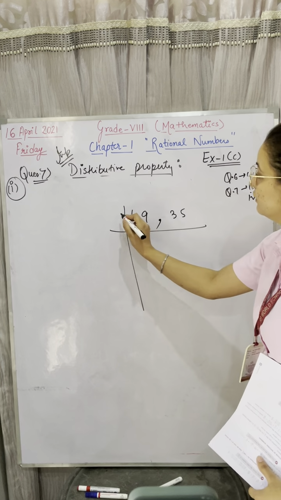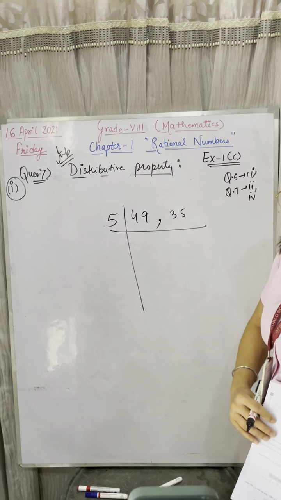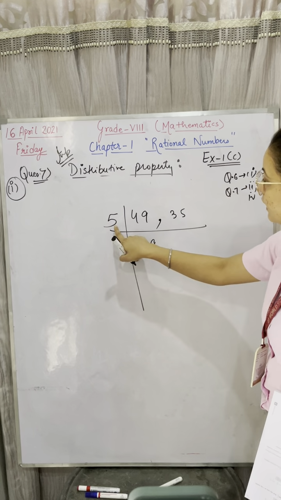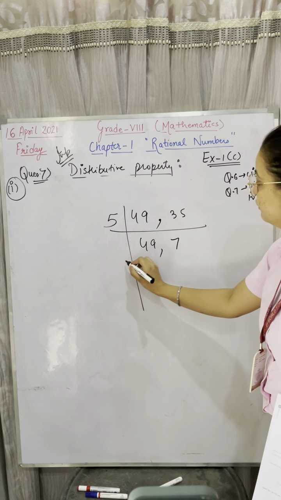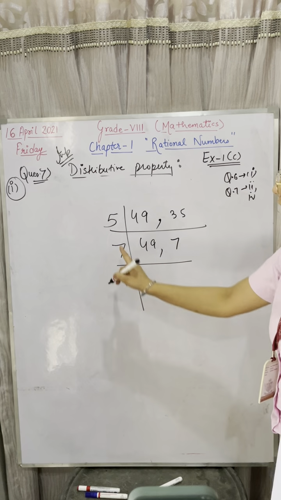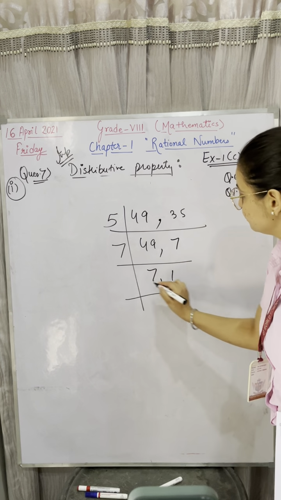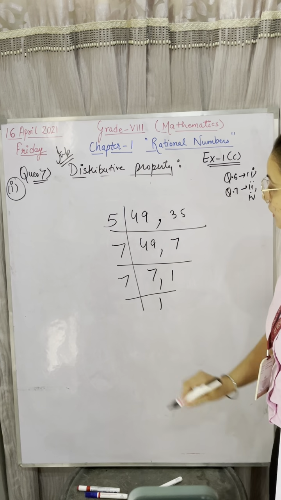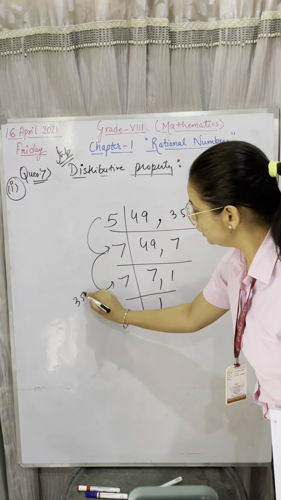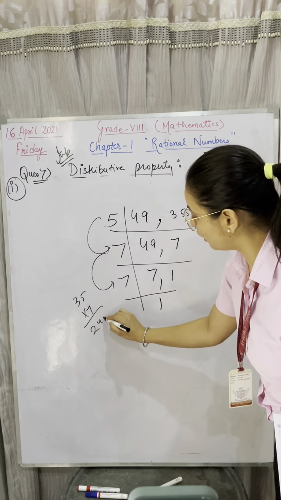They are going on 5 first of all. 49 we can't divide, so 49 as it is. 5 sevens are 35. Now they will go on the smallest prime number, that is 7. 7 sevens are 49, 7 ones are 7, then 7 ones are 7. 5 sevens are 35. 35 into 7, that is 245.